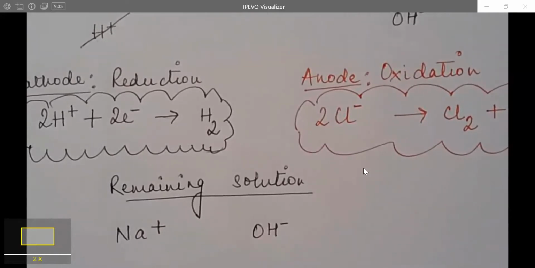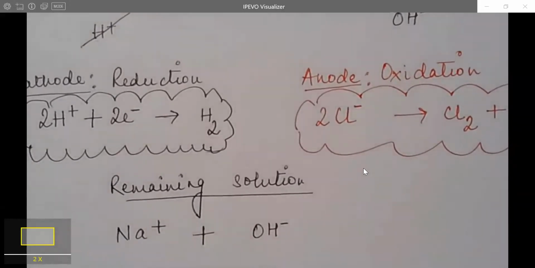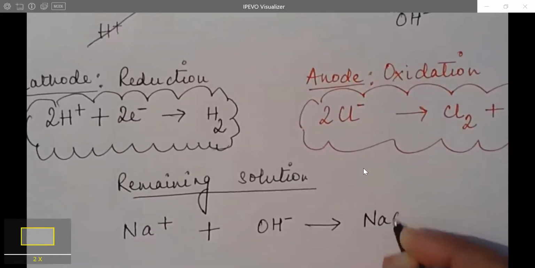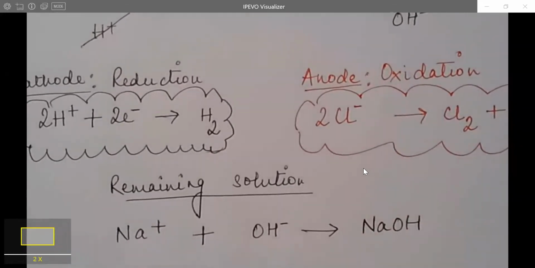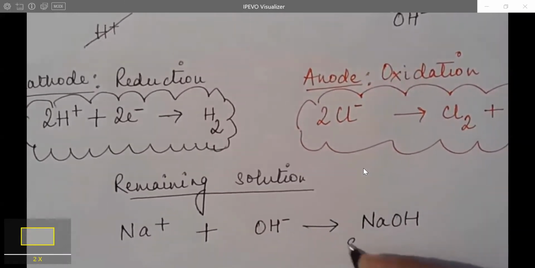Now what happens is another chemical reaction, because you can see there's a positive and a negative charge here. So the sodium ions and the hydroxide ions combine with each other to form sodium hydroxide. NaOH is the chemical formula for sodium hydroxide.